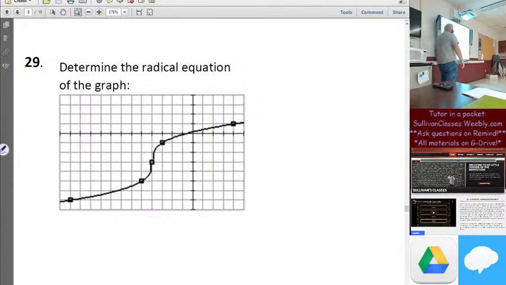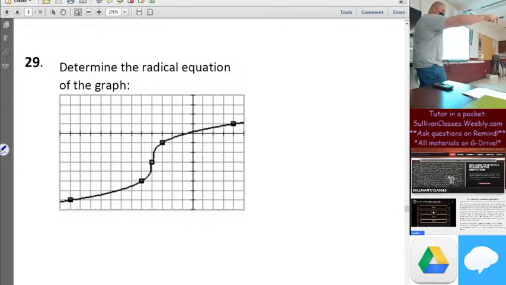What kind of graph is that? It looks like a cubic, but it's on its side. And we just did radical stuff, so maybe this is in the radical chapter.